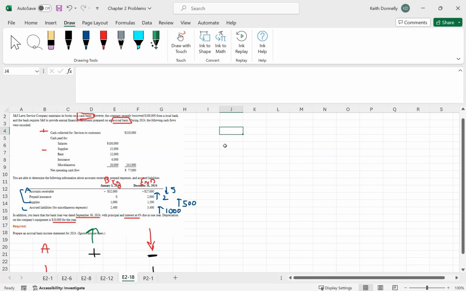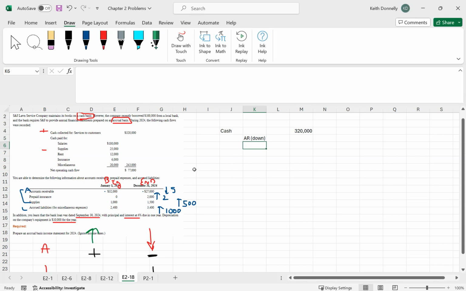So let's start here with the idea of, hey, we have $320,000 in cash, right? That's cash of 320. Our account receivable went down, right?